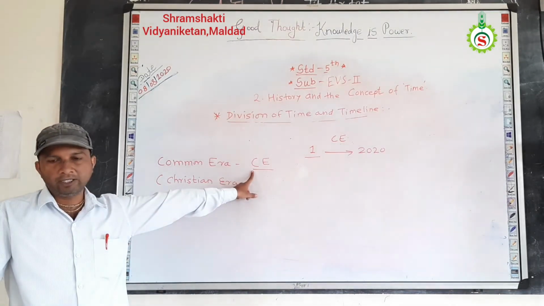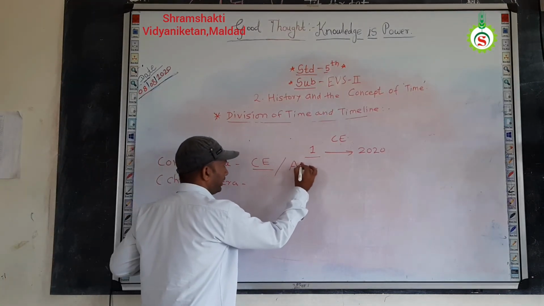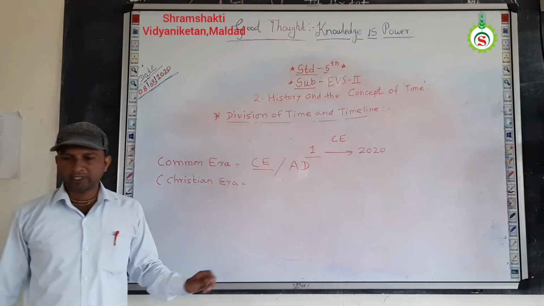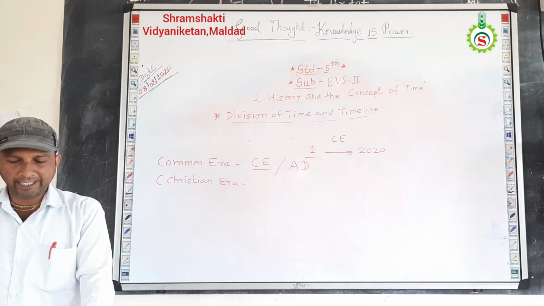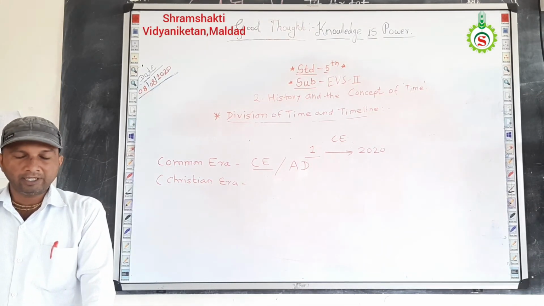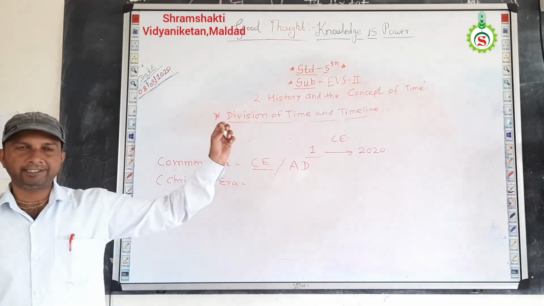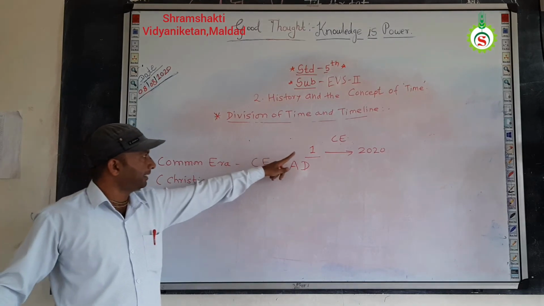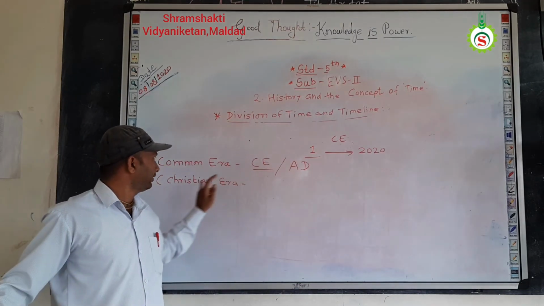Christian era or common era is also written as AD. What is the long form of AD? Anno Domini. It is a Greek word, Anno Domini. It means in the year of our Lord. Now, at the year 1 means Jesus Christ. From that period, the measurement of years started in the Christian era.